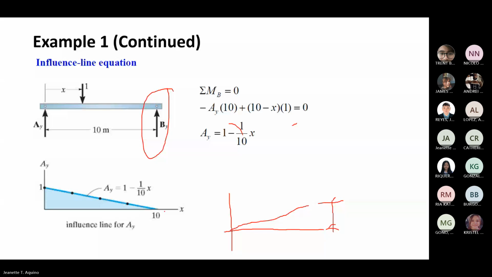So that is the influence line for the reaction at B.